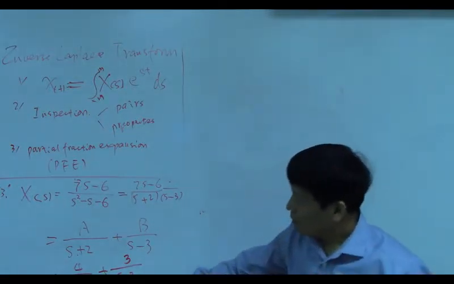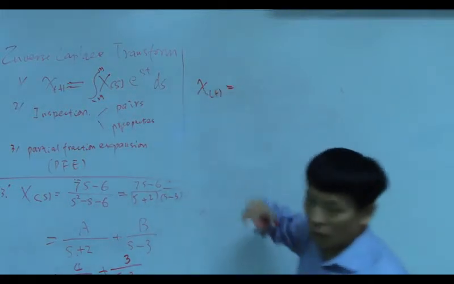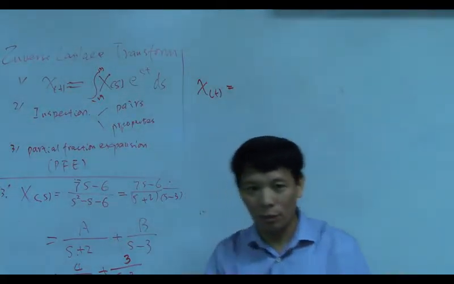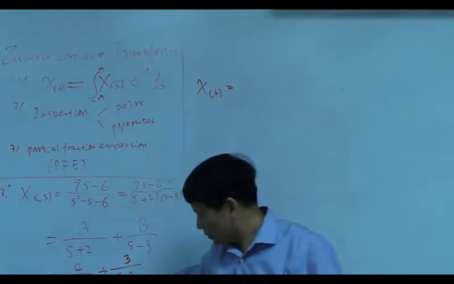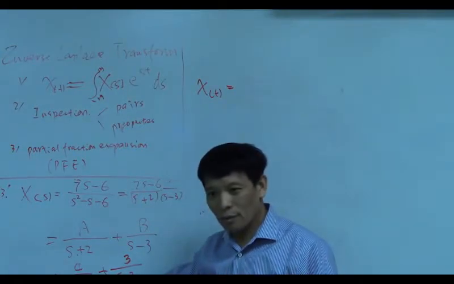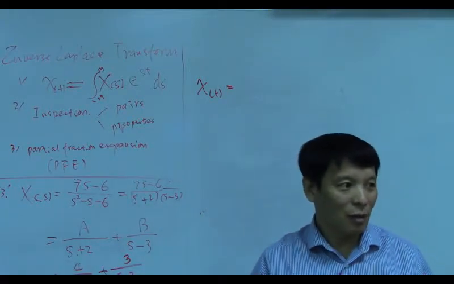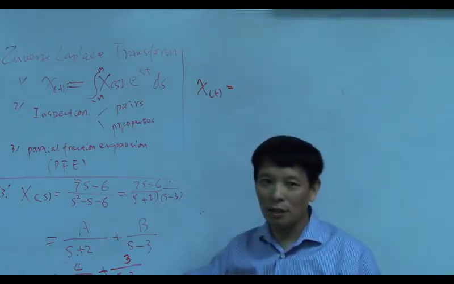Once we get this one, can we directly write out the result by inspection? So what is the first term? We have two terms added together. The first one looks like an exponential: 1 over s plus 2. 1 over s is the unit step u(t), and s plus 2 gives the exponential.